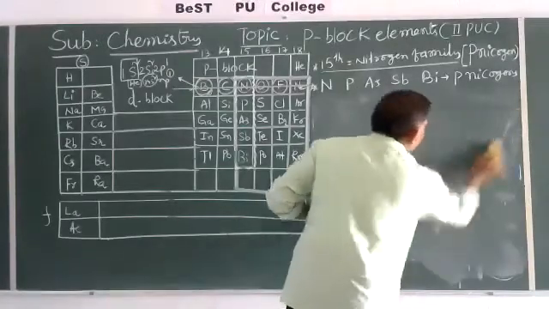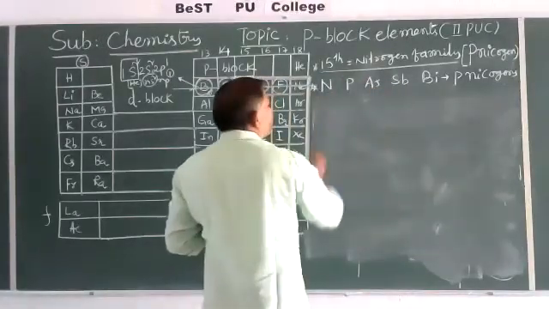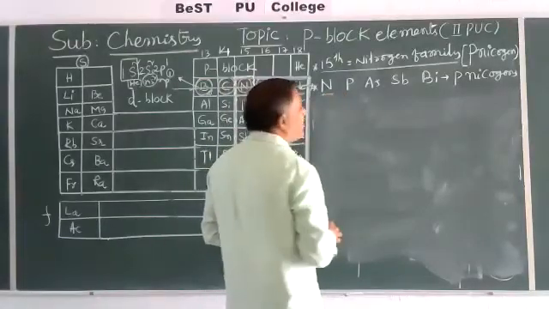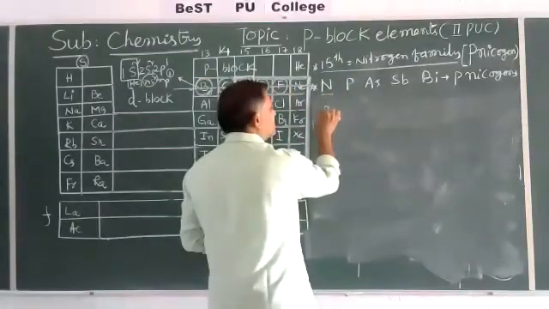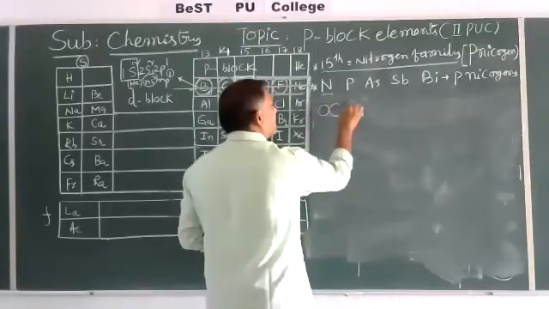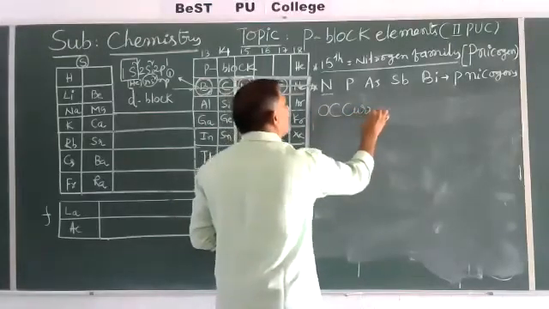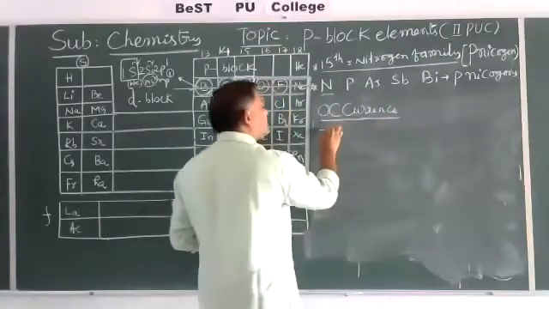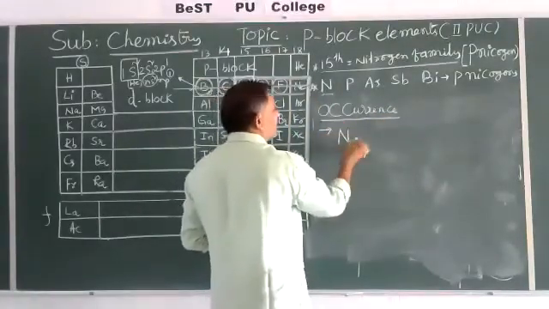Generally in atmospheric air, along with oxygen, some important dissolved gases are present. Now, particularly under the occurrence of 15th group elements, the first point is about nitrogen.